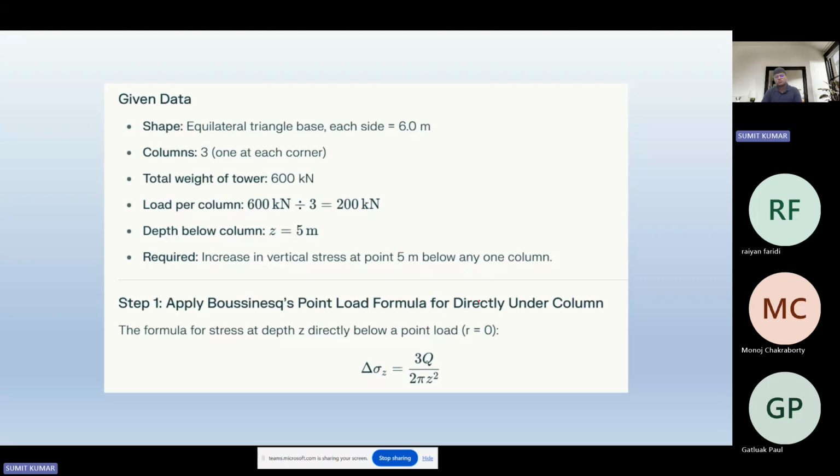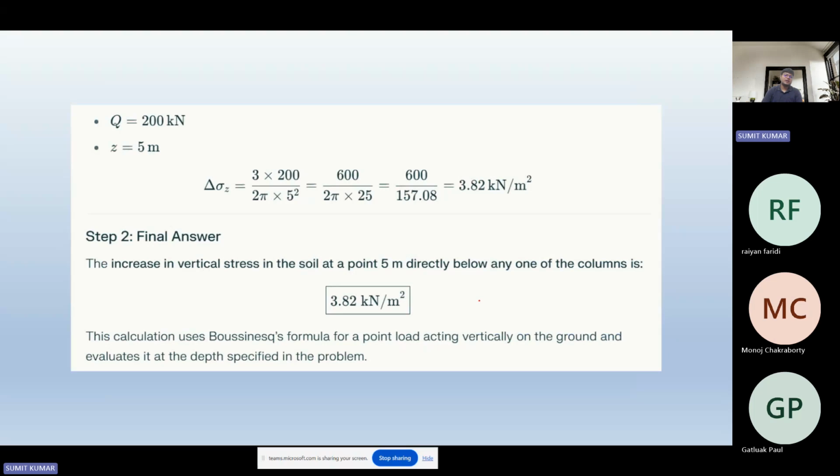But as the value of r is 0, 1 by (1 plus r square by z square) whole power 5 by 2 becomes 1. Hence delta sigma z for the stress below the point load of the column is 3Q upon 2 pi z square.